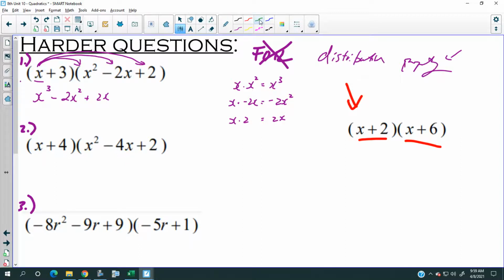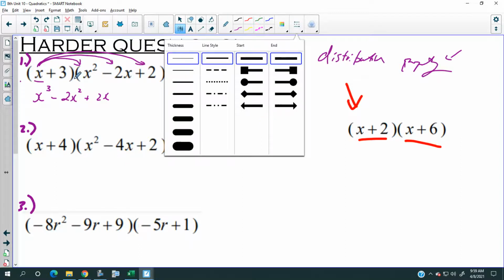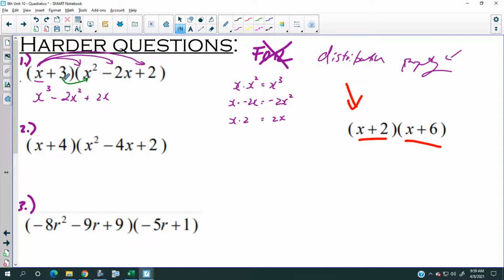So now I'm going to use a different color. Here, I'm going to distribute a 3, and I'm going to just go underneath, because I don't want to start a Star Wars, arrows everywhere. So 3 times x squared is 3x squared, and 3 times negative 2x is negative 6x.